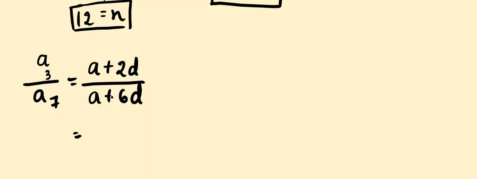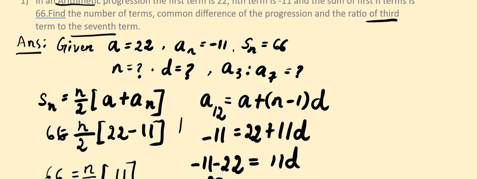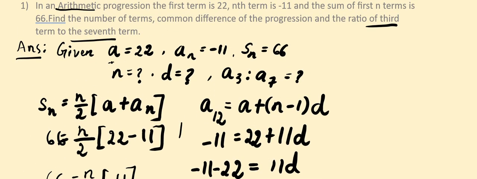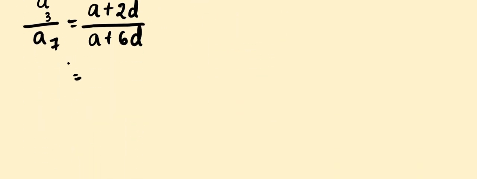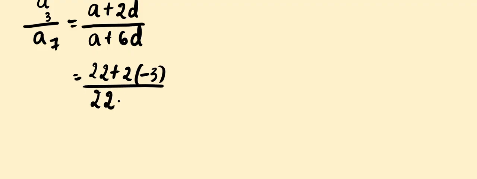a is here the first term. What is that first term? The first term is 22, correct? a is 22. And d we got, that is minus 3, correct? So a is 22 plus 2, d is minus 3, divided by a again 22, 6 into d is minus 3.